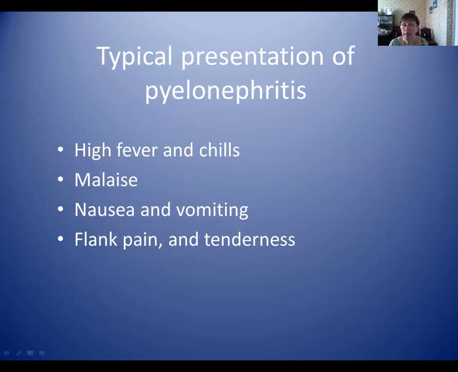Then we continue with the typical presentation of pyelonephritis. In this case, the fever will be higher and the patient may feel chills, malaise, nausea and vomiting, and there will be flank pain and tenderness.